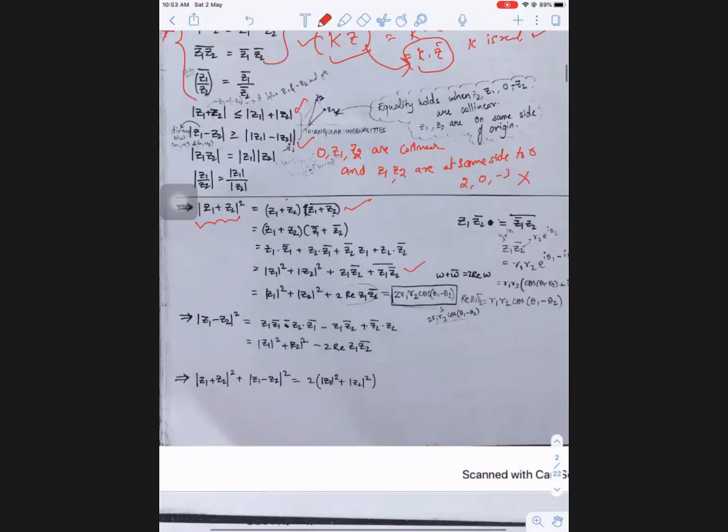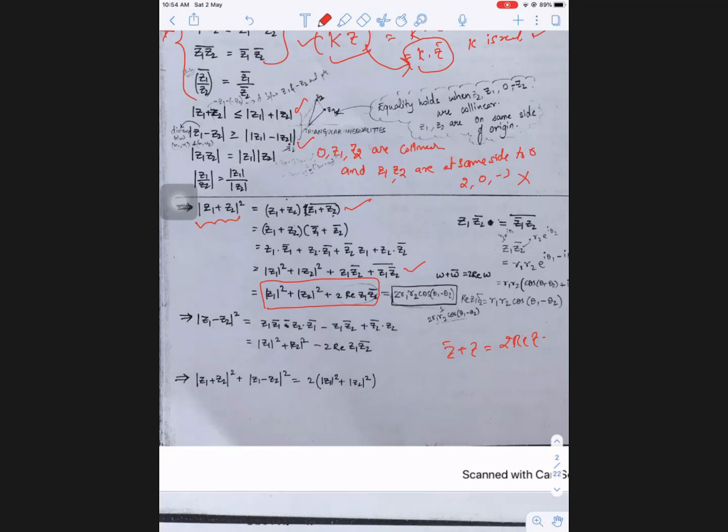And we already know Z plus Z bar is equal to 2 into the real part of Z. So by using this, you will get the third property, that is mod Z1 square plus mod Z2 square plus 2 into the real part of Z1 Z2 bar.